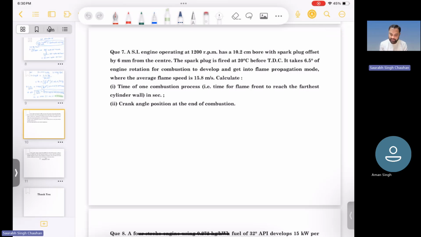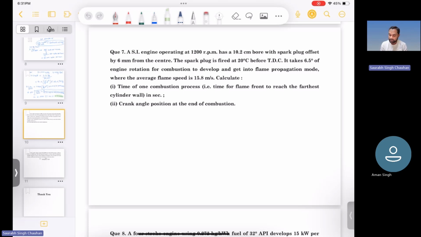So now question number 7. It says a SI engine operating at 1200 RPM has 10.2 centimeter bore with spark plug offset by 6 mm from the center. The spark plug is fired at 20 degree before TDC.